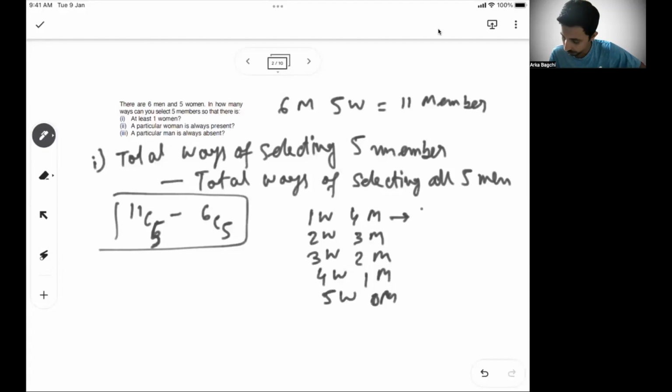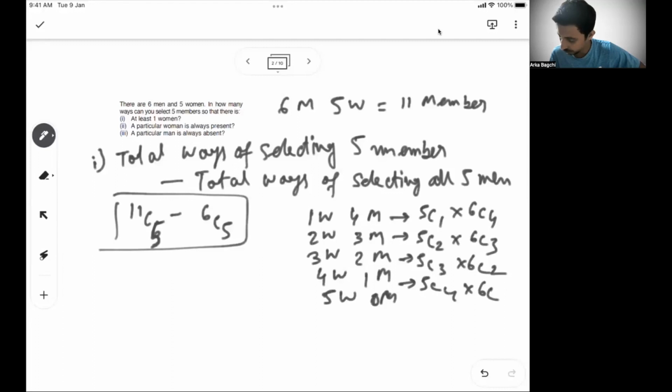Out of 5 women, you can select 5C1 into 6C4. Then the next one is 5C2 into 6C3. Then 5C3 into 6C2. 5C4 into 6C1. And then 5C5. If you add all of these 5 scenarios, you will get the same answer as here. So you can solve it either way, whichever way you are comfortable.